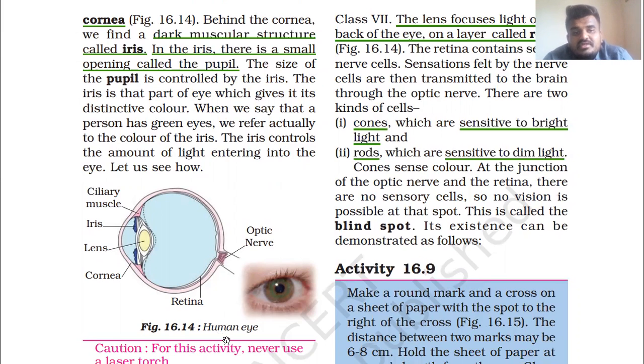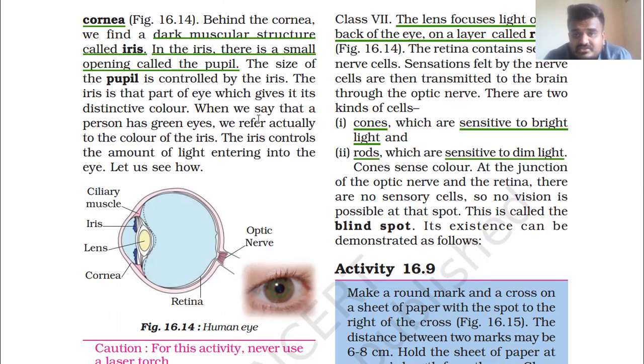In the iris, there is a small opening called the pupil. Here it is given in blue color. This is the iris, and in the iris there is a small opening called the pupil. The size of the pupil is controlled by the iris.